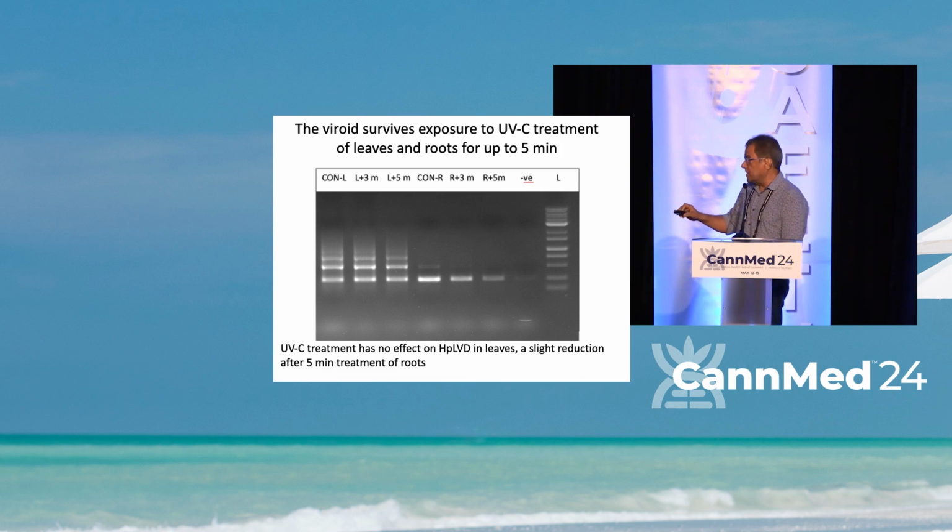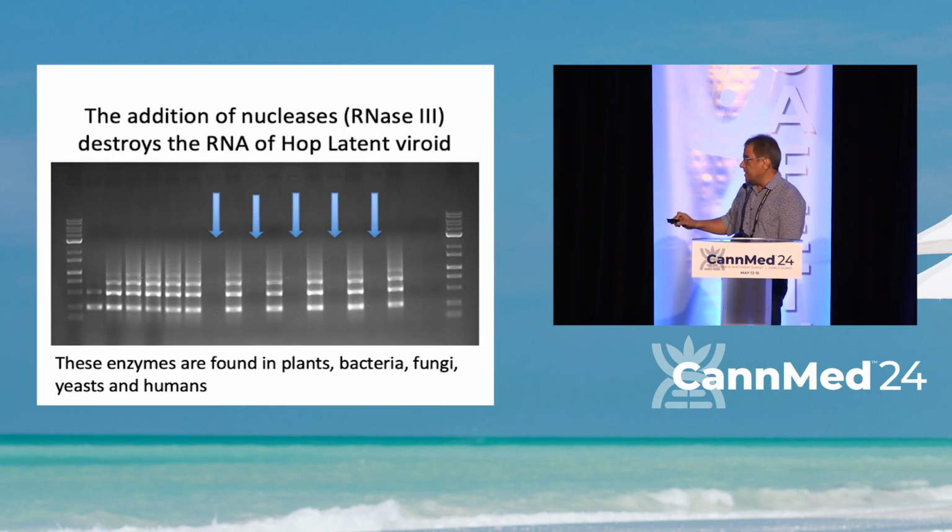And here we also looked at UVC treatment. Again, very stable. You can't destroy this viroid with UVC. And of course, if you add enzymes such as RNases, you can remove the viroid totally. This is RNase A, which cleaves as an endonuclease enzyme, and you can certainly eradicate hop latent with that.